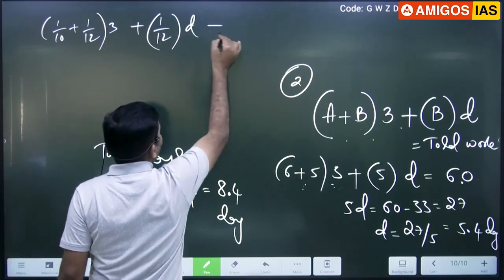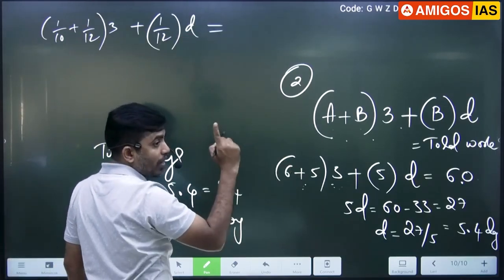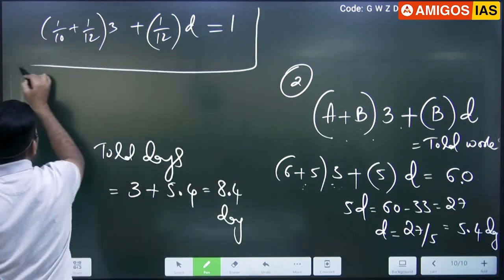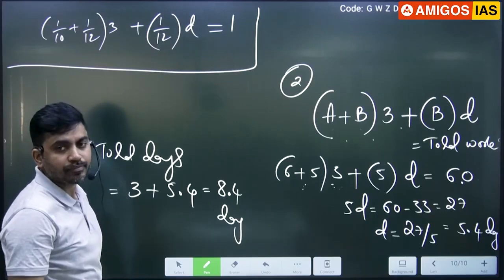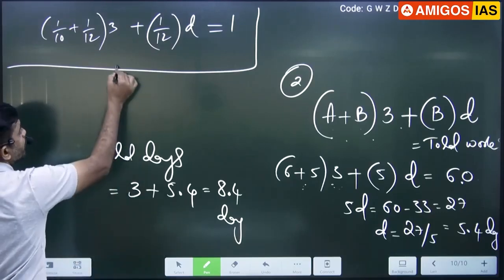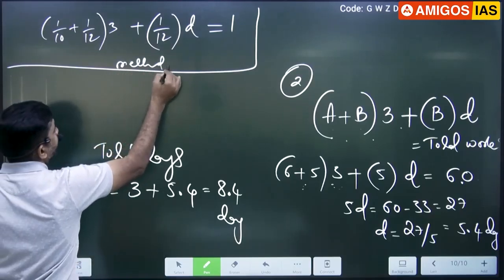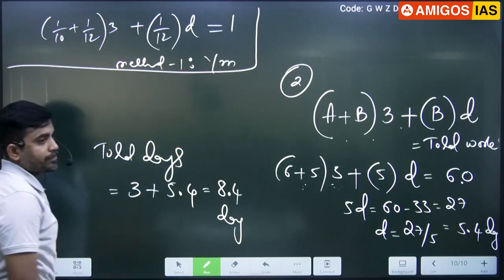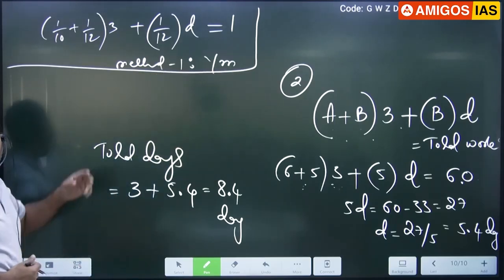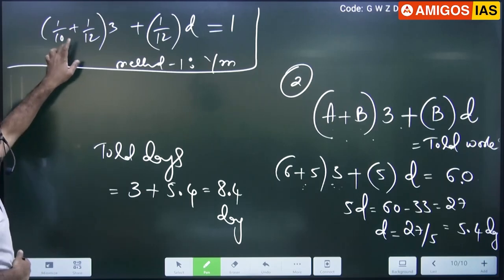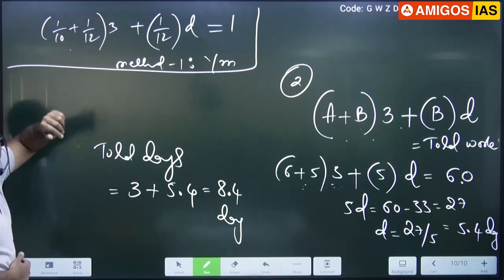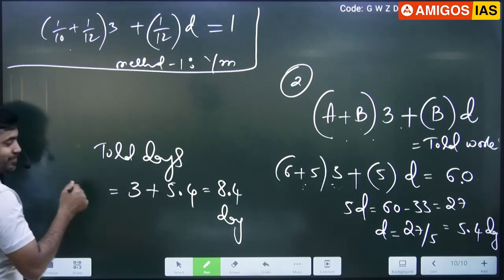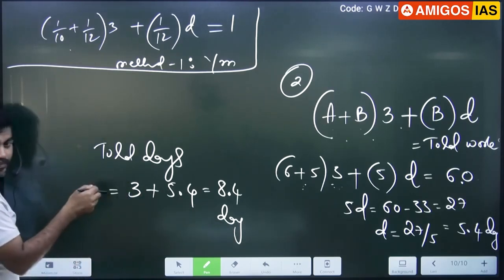But what is total work in first method? 1 unit. Take 1 unit. This is by using method 1. That is 1 by m method. Anyone tried in this way? Got the same answer? Almost same. No, same. Finished this one.